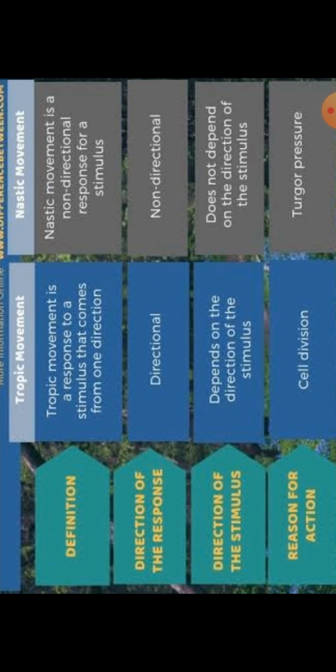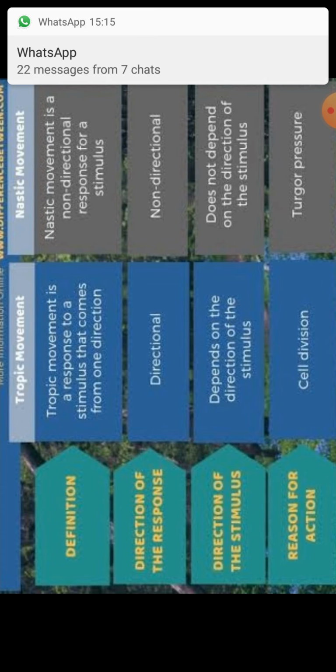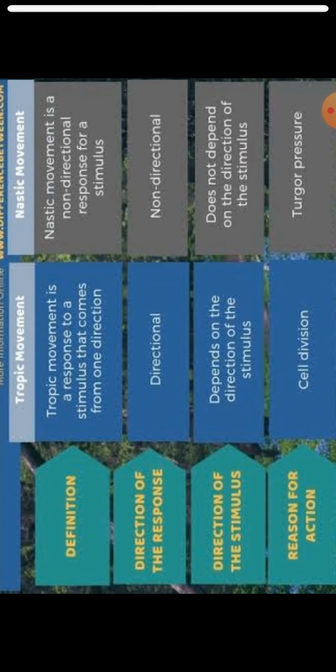In the case of nastic movement, there is no division of cells, but the turgor pressure is responsible for the movement, as you have seen in the case of Mimosa pudica.